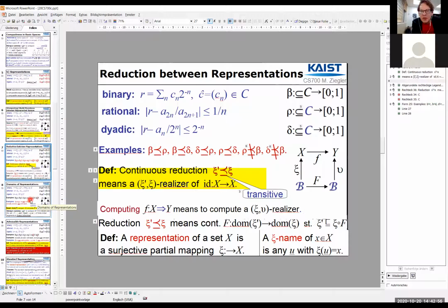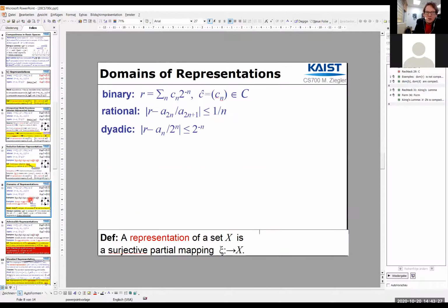But of course, this notion of reduction is designed as a powerful tool to compare representations and to identify reasonable from unreasonable representations for more general and more abstract spaces, but we'll of course use the real spaces that we've already investigated before as a guideline for our tools and criteria.